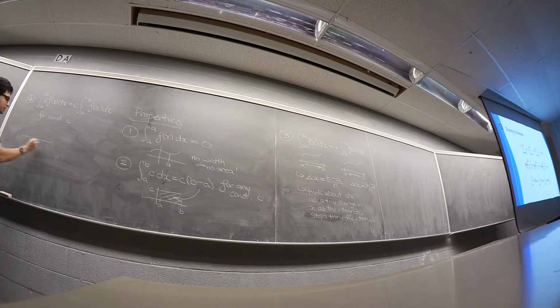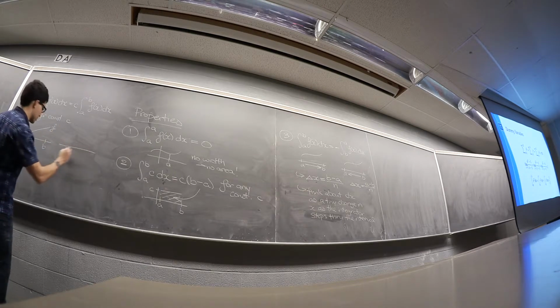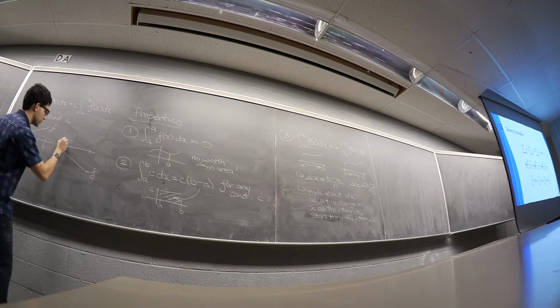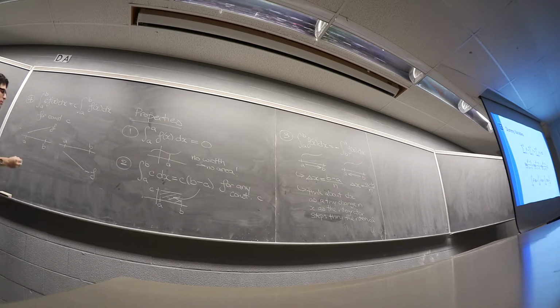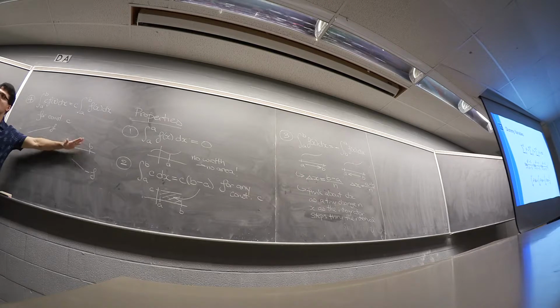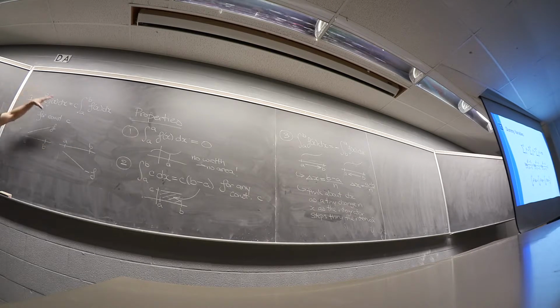You want to think about what we're doing there? So if that's f, then minus f will look like this. The signed area went from this positive thing to the same thing but negative. So as we flip the function vertically, we flip the signed area.